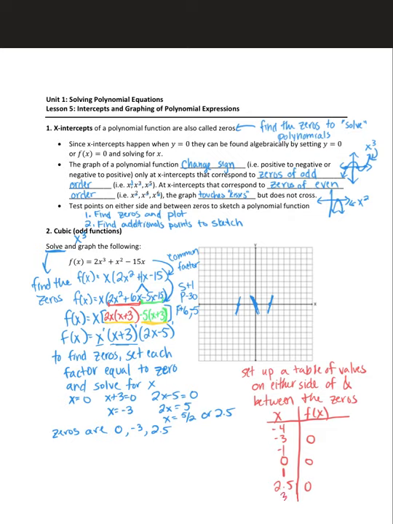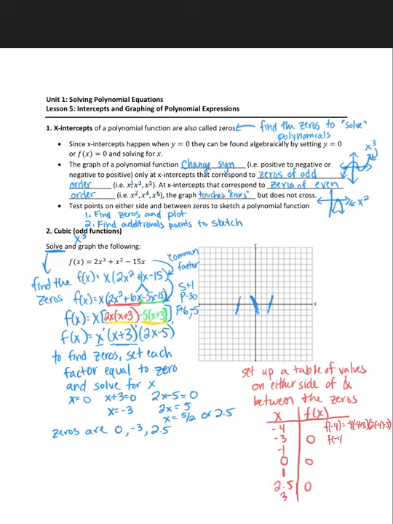So now let's sub in f of -4 and see what we get when we substitute it into the equation. And we'll sub it into the factored form because that's easier to sub into. So f of -4 is going to equal -4, and then in brackets, -4 plus 3, and then in the other brackets, 2 times -4 minus 5.